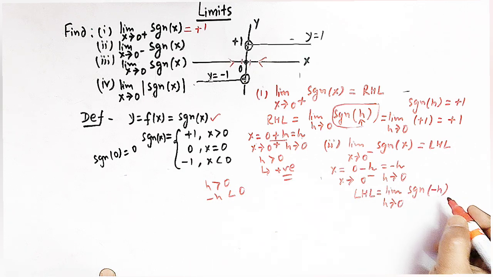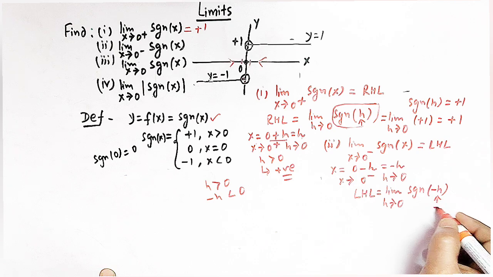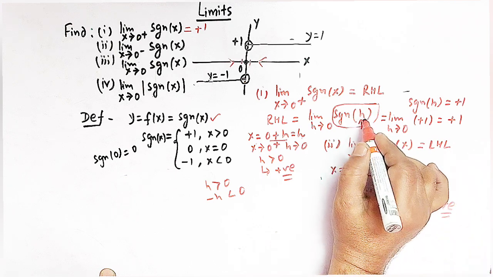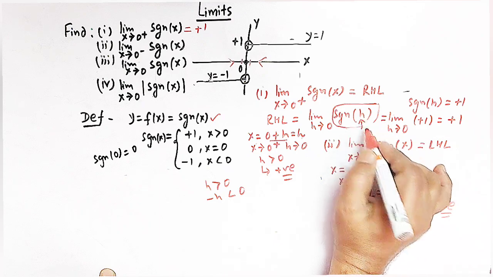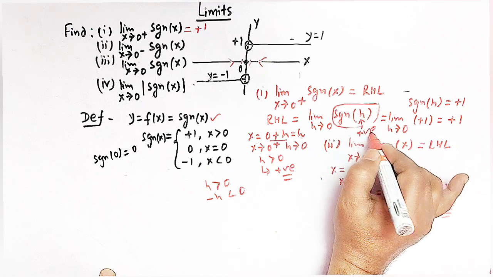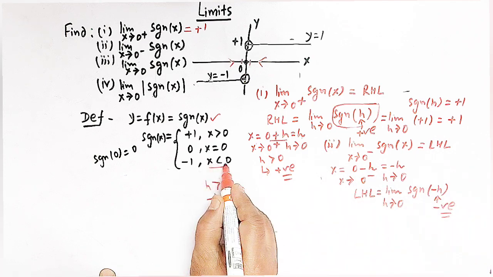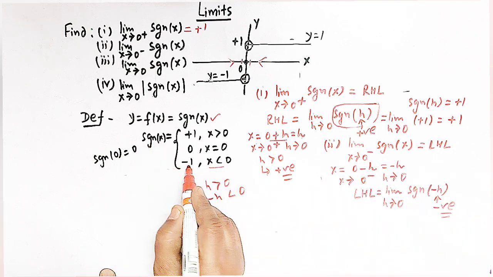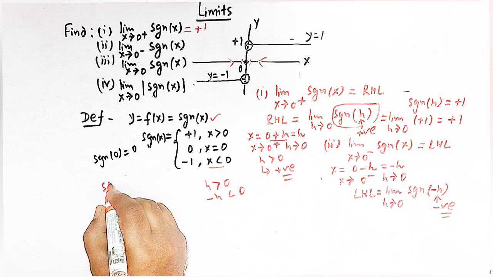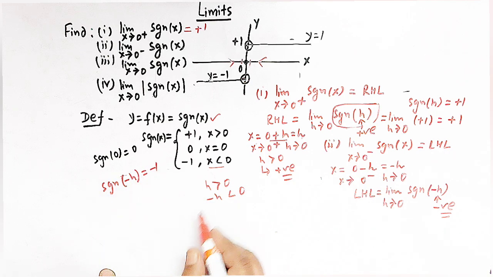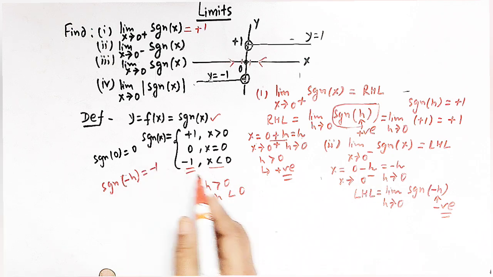So here the input is a negative number, and in that case, when we have x less than 0, then signum of x is minus 1. So signum of minus h is equal to minus 1 due to this definition.